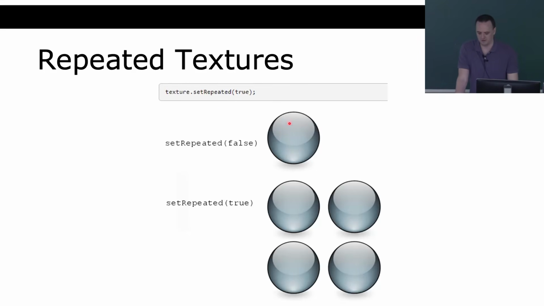If I take a sprite that is larger than that texture, if set repeated false is on, it will zoom in on that texture and stretch the texture to match the size of the sprite. But if I set repeated to true, instead of stretching the texture to match the sprite size, the texture will stay its size and just be repeated in the X and Y as a repeating pattern.